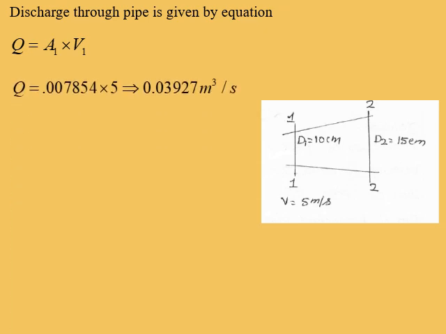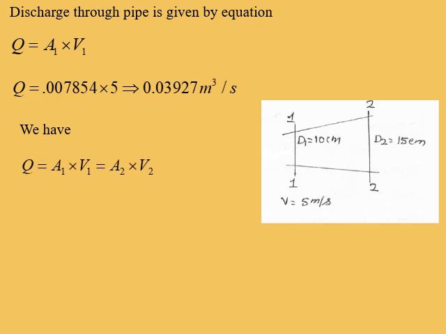Q is equal to the area, that is 0.007854, and velocity is 5 meter per second. That means the discharge through section 1 is 0.03927 meter cube per second. So that is the first part of the numerical, to calculate the discharge through the pipe.